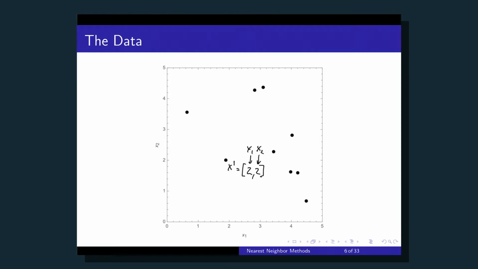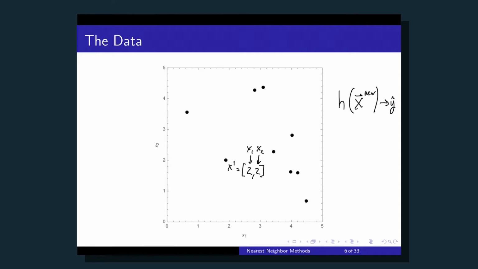Now basically we take our data set and put these points into some database or into memory. And remember, our task is, when I get a new vector X new, I want to be able to map it to some label.